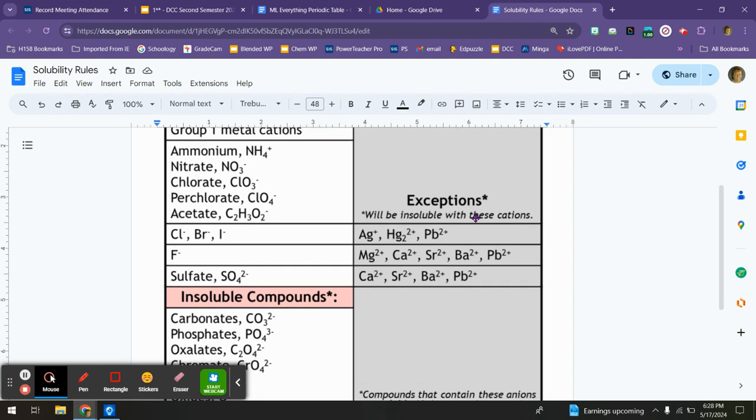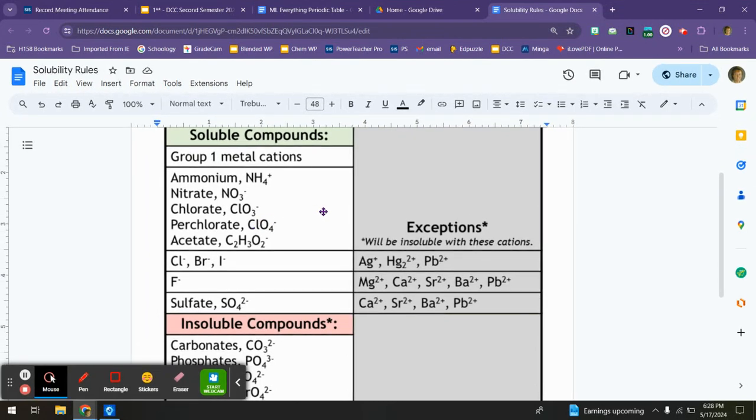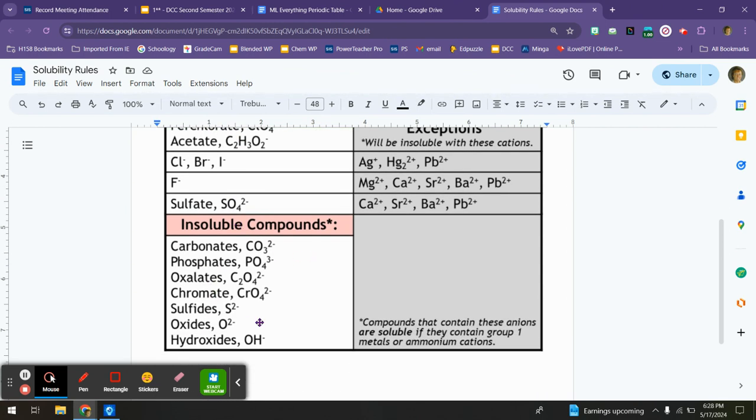Remember our solubility rules: all group 1 metal cations are always soluble. The halogens are soluble except for a few exceptions. Ammonium, nitrate, chlorate, perchlorate, and acetates are always soluble. Then we've got the list down here of insoluble compounds.